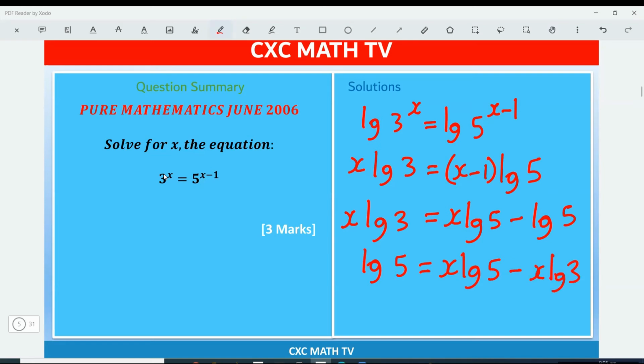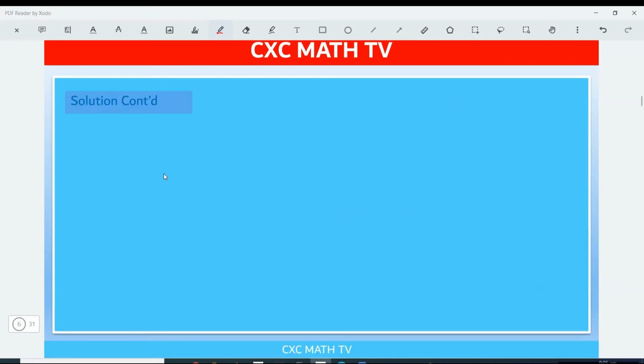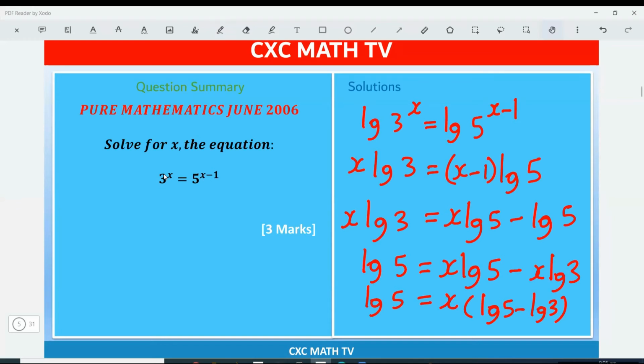Once we do that, we can factor out x right here. And we have x times log 5 minus log 3, and that's equal to log 5. And so we can divide both sides by log 5 minus log 3.